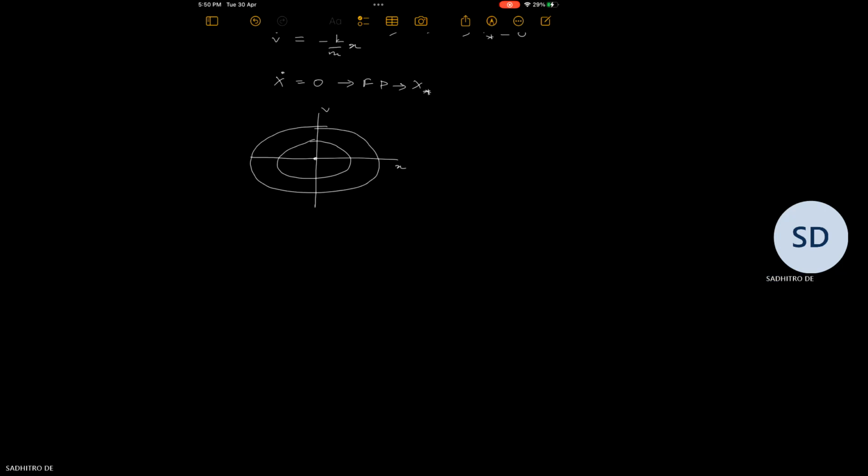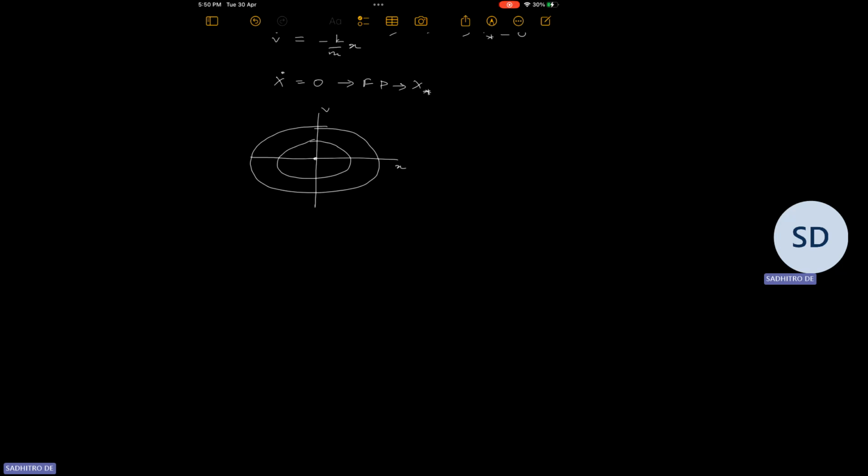So this is what the vector field looks like for this particular system. You see the fixed point at x comma v equal to 0 is actually a center. It is neither an attracting fixed point nor a repelling one. It is a neutrally stable fixed point.